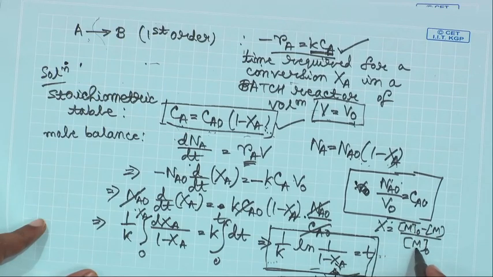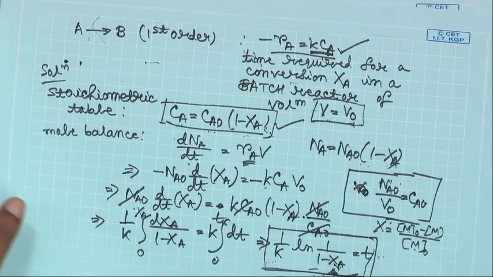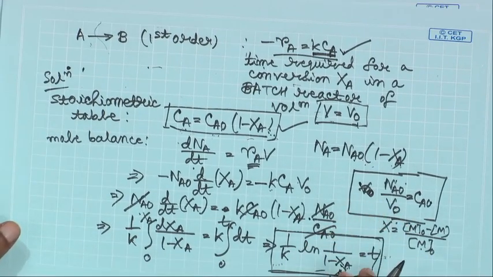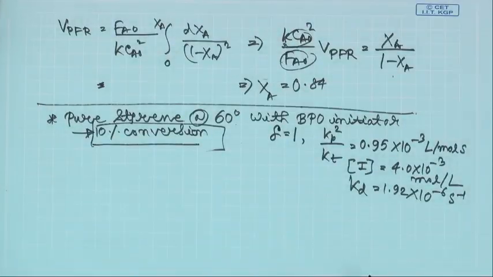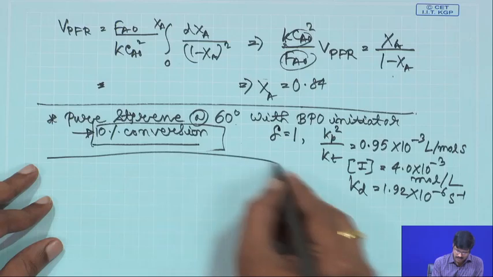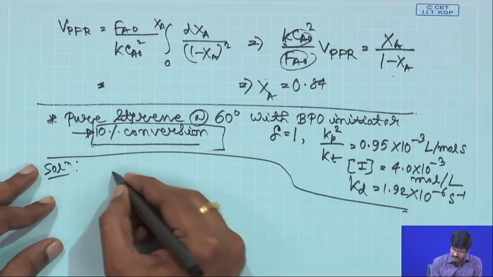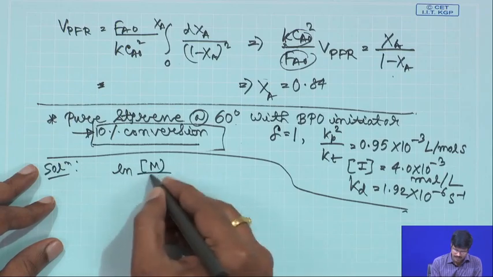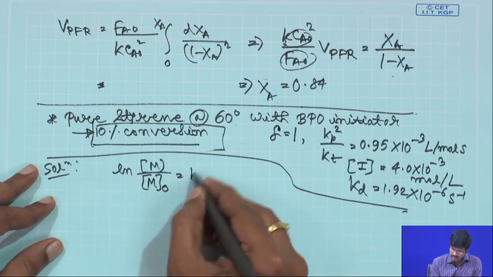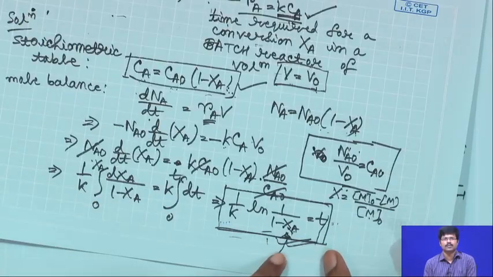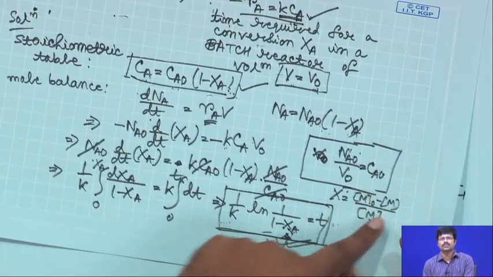If you are looking at a polymerization, you replace that here, and let us just assume in this case it is a first order reaction for styrene. Now we are solving the problem, we will get ln m by m0 equals to minus Kt, by replacing xa with this value.